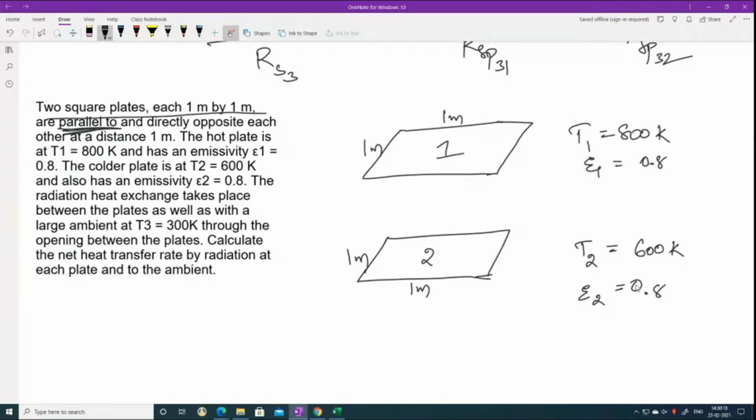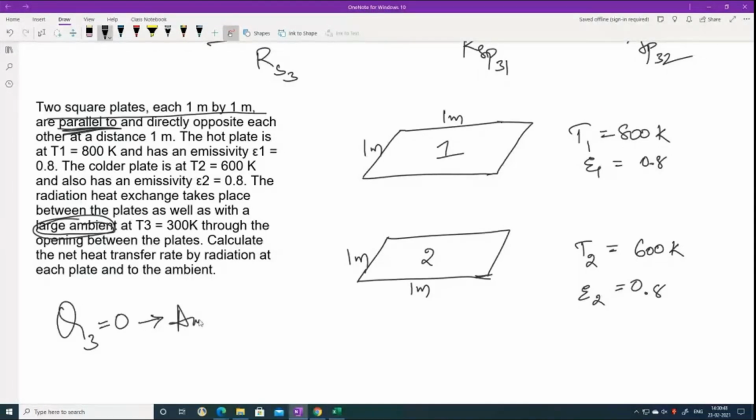The third body is not given. You must be wondering, this is a three body enclosure problem and only two bodies are given here, the third body seems not to exist. But that is not the case. What we will do is consider the third body to be the ambient. When we consider the ambient to be the third body, the Q3 component will become zero.